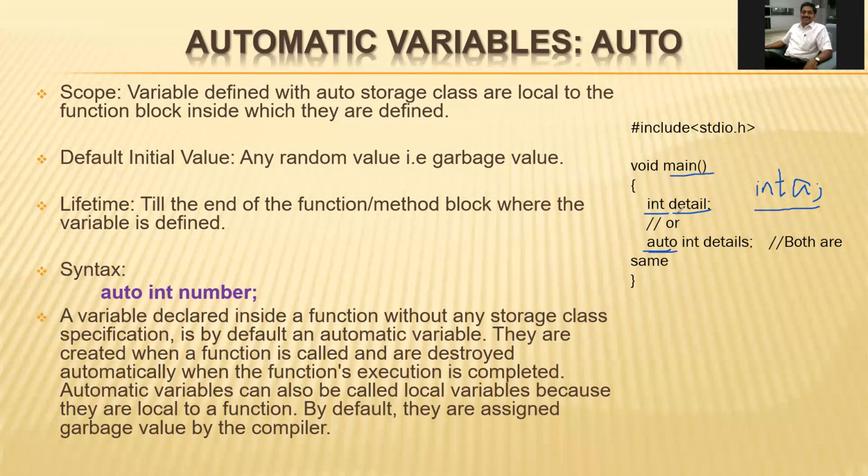If you are not specifying auto here, that is also fine. So both are the same: int details and auto int details are the same thing. Many times we are not specifying auto, but if you specify auto, that will be an automatic variable. So that is the first storage class.